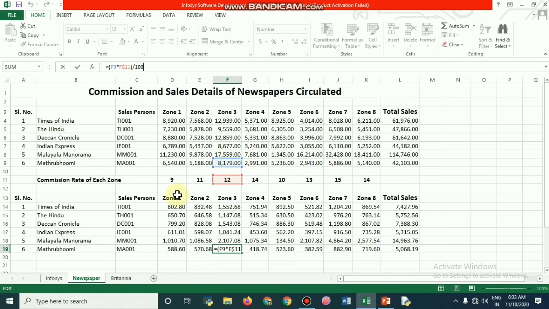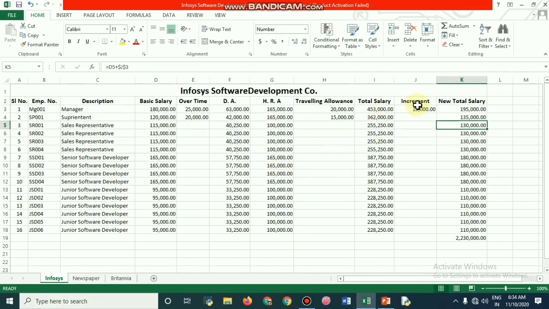This is known as mixed cell referencing as well as absolute cell referencing. Here in the Infosys case, this cell address in this calculation, $J$3, is kept constant, and that is known as absolute cell referencing.